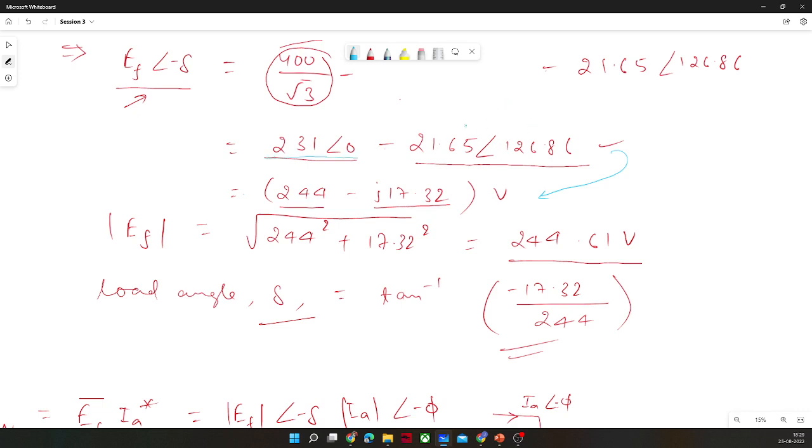And it will be broken into two components, 21.65 cos 126.86 plus J sin 126.86, right? Cos 126.86 would lead to some negative value, okay? And what exactly would it lead to? Let me calculate it.